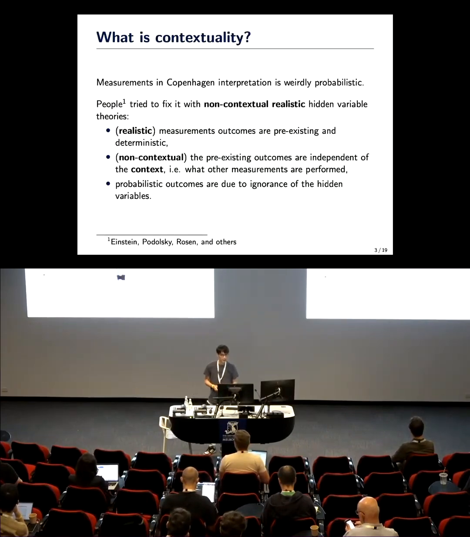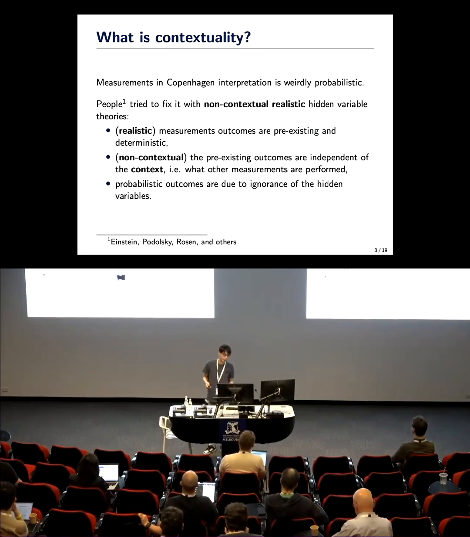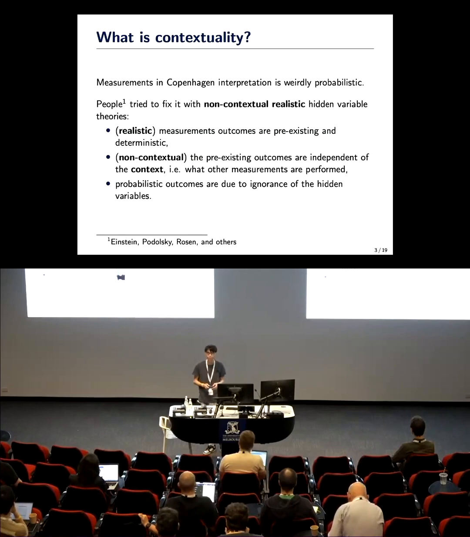So what is contextuality? Measurement in the Copenhagen interpretation is very weird. It's probabilistic. Some people didn't like it, so they wanted to fix it with what we call a non-contextual realistic hidden variable theory.